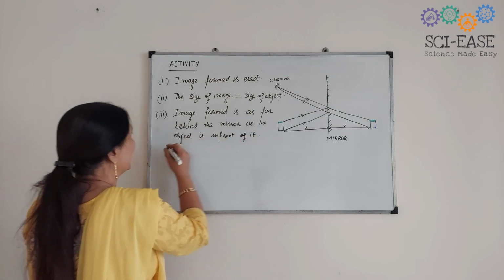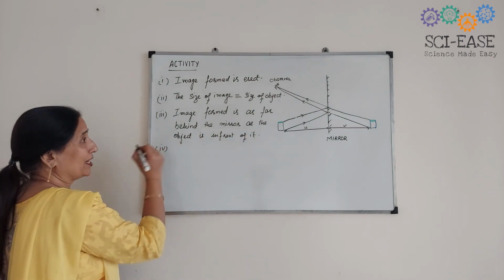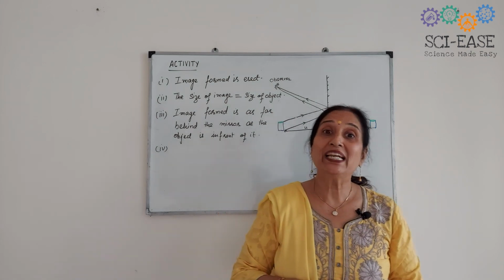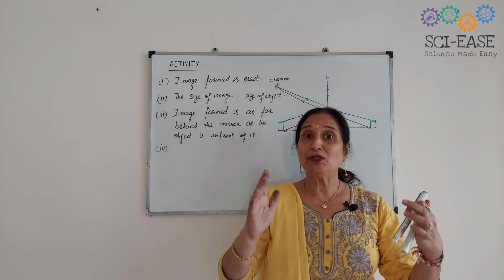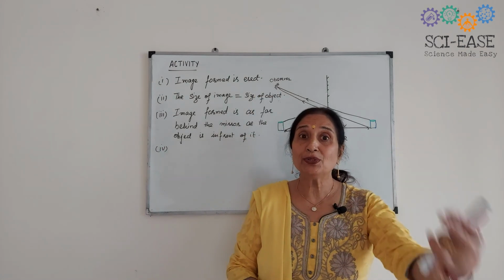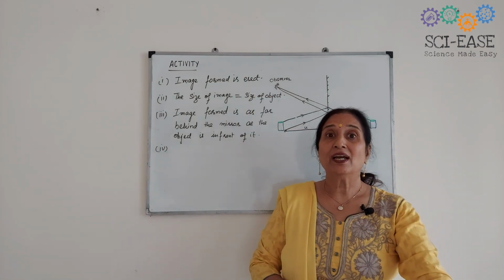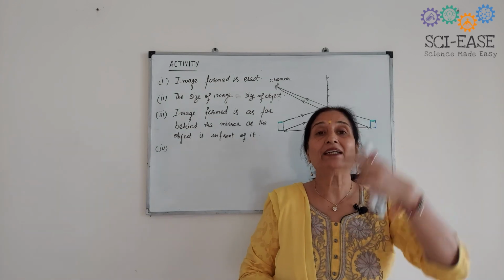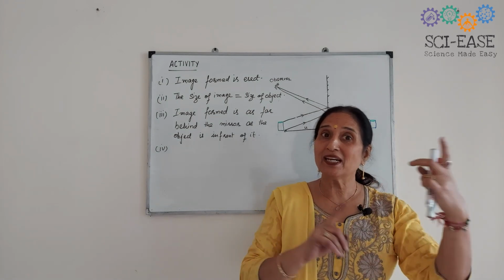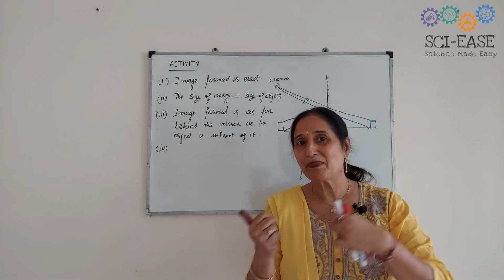And the last point, which is very important and very interesting also, is about the lateral inversion. When you stand before the mirror and raise your right hand, what you see in your image is that the left hand is raised. So, left appears right and right appears left.